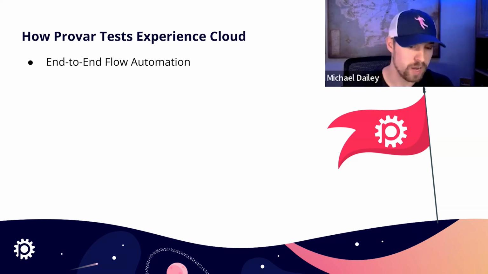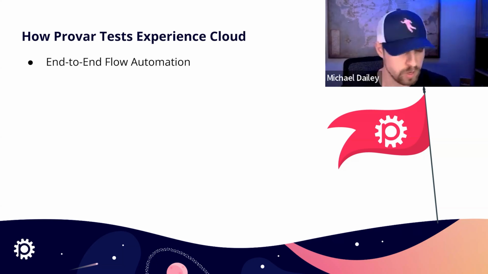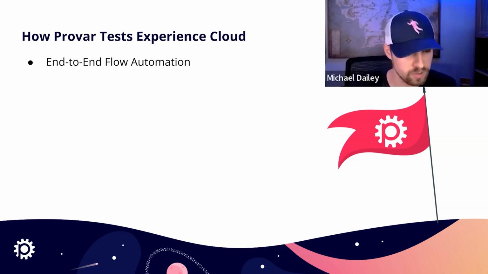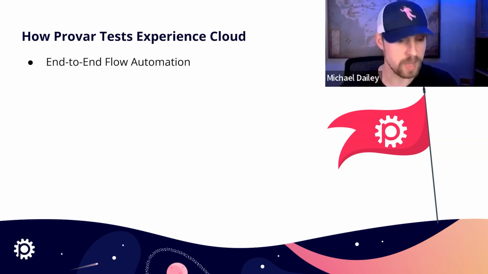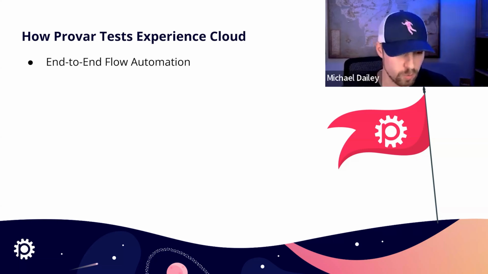And the reason why that's important is, again, because things sometimes behave differently when they're run in sequence. The way that Provar handles this, of course, is through a number of different ways. We have UI testing, where you can test the front-end application, and API calls, any kind of REST or SOAP-based APIs that you're accessing through Experience Cloud. We can validate that data using API calls. We can also, using our inbuilt Salesforce SOQL support, perform SOQL queries to interface with any Salesforce objects that you may be creating or modifying through Experience Cloud.